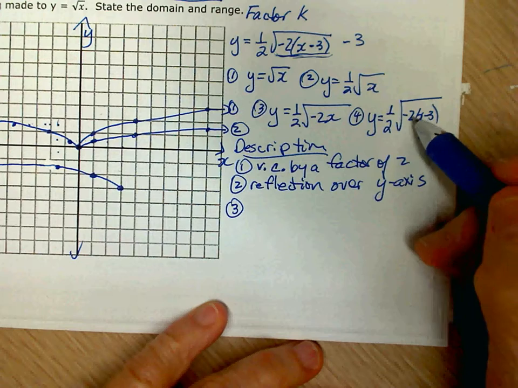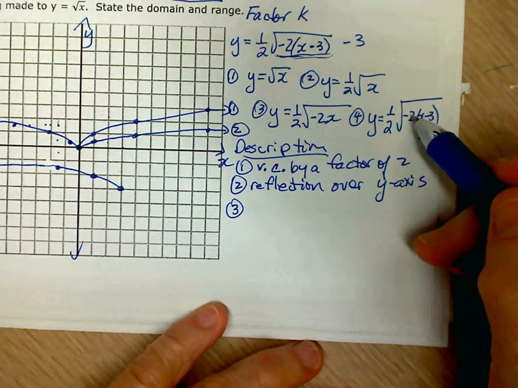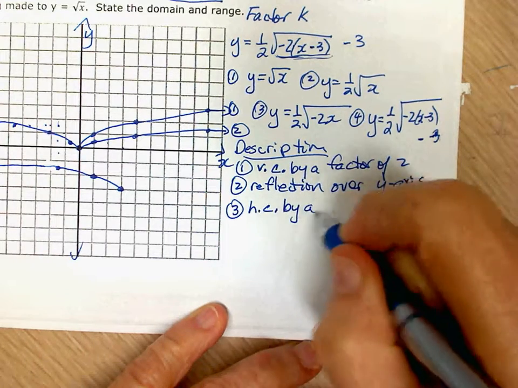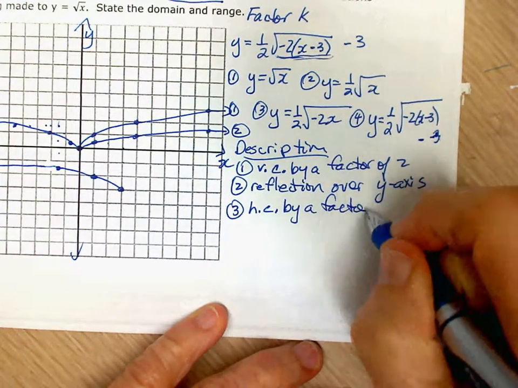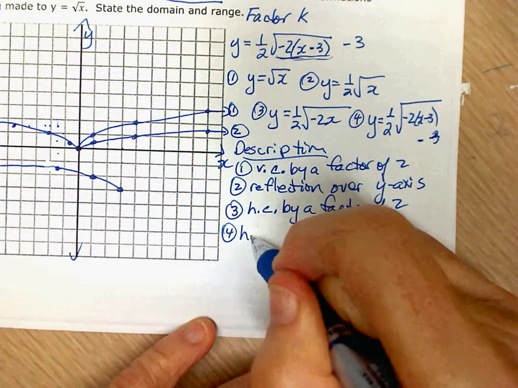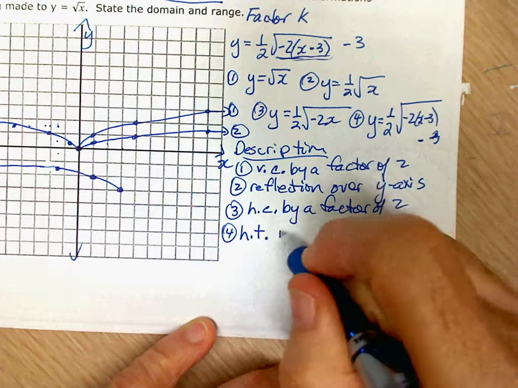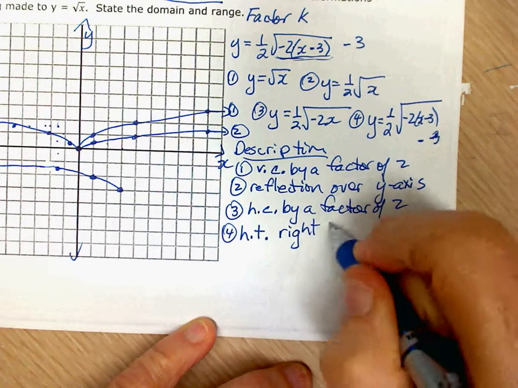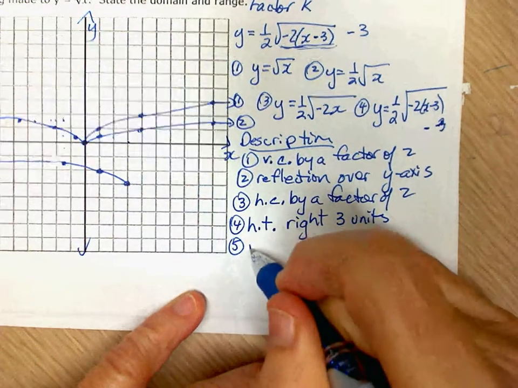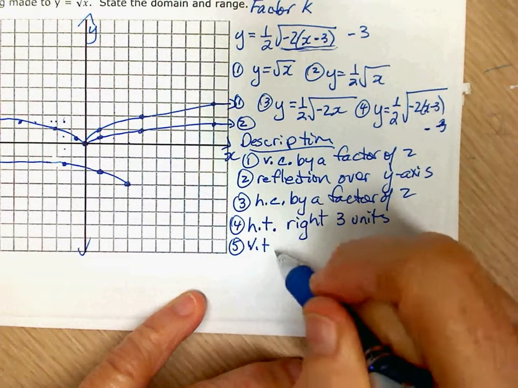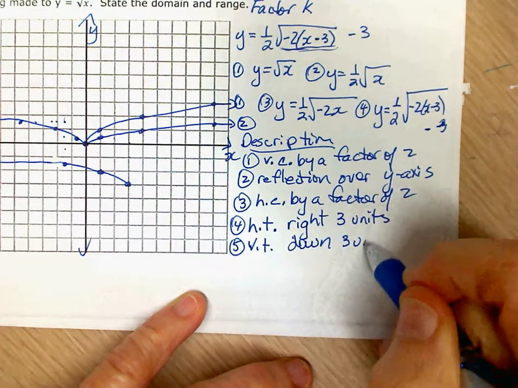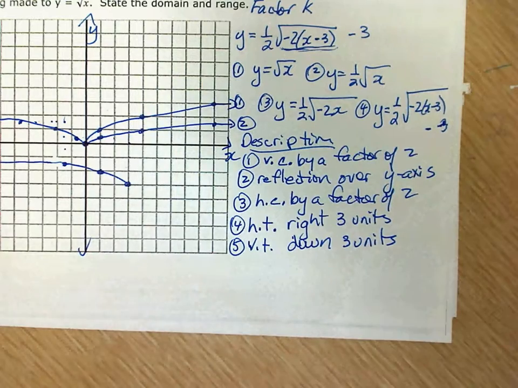Horizontal compression by a factor of 2. 4. Horizontal translation, right 3 units. 5. Vertical translation down 3 units. Good?